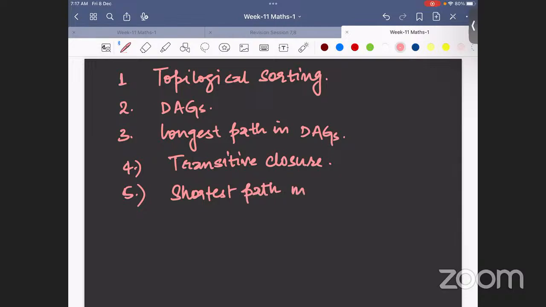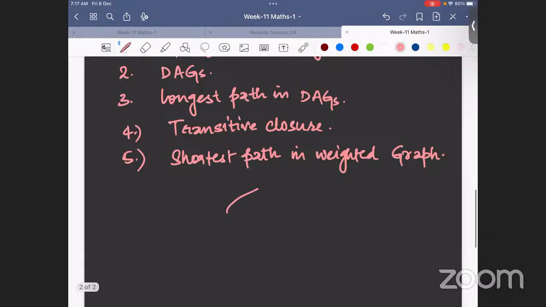Shortest path in a weighted graph, and there are three algorithms that you have to read, Dijkstra's algorithm and the others.